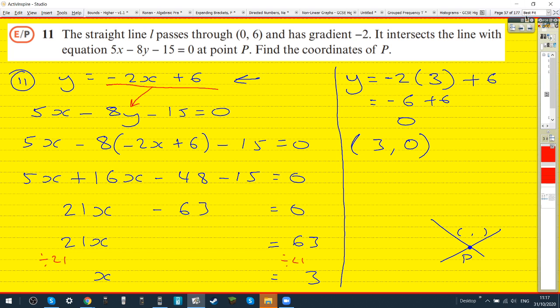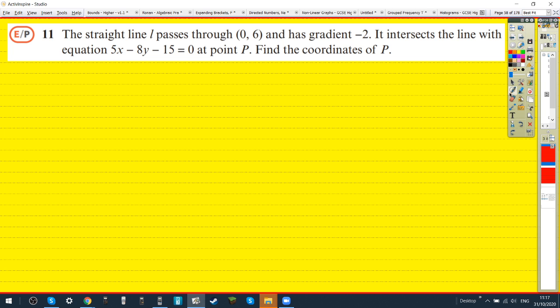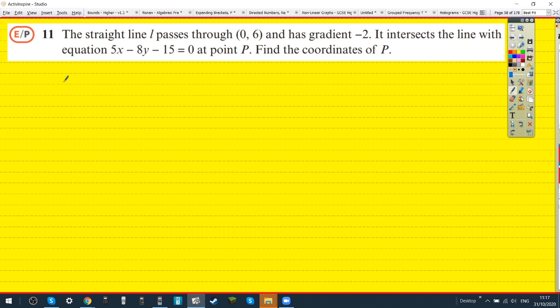There's one other way to do this one, and that's the way that always works: the simultaneous equations method. We said y equals minus 2x plus 6. If I was to rearrange that, I could get 2x plus y equals 6. And rearrange the other one, I could get 5x minus 8y equals 15.